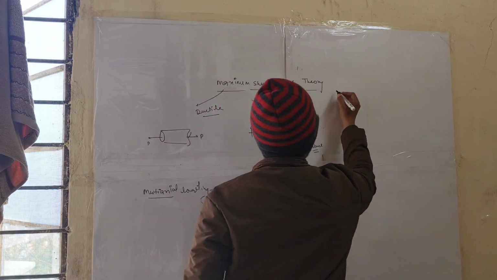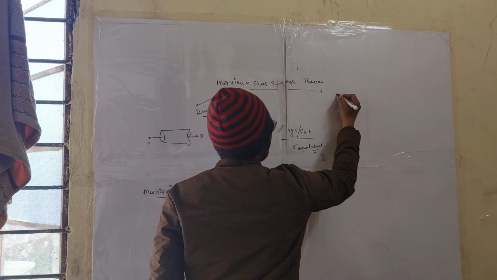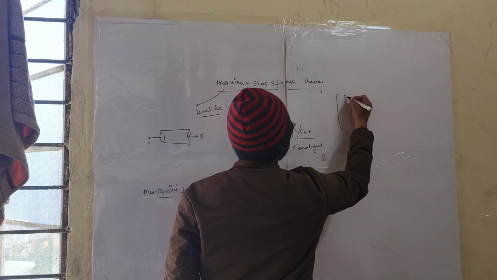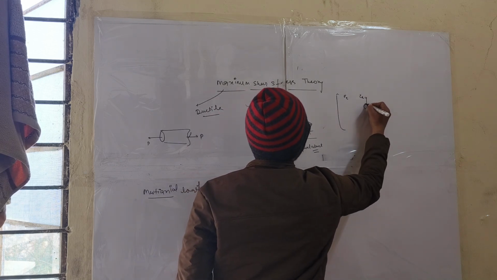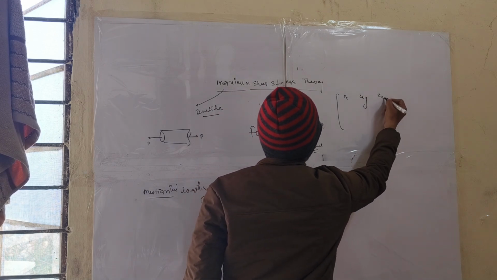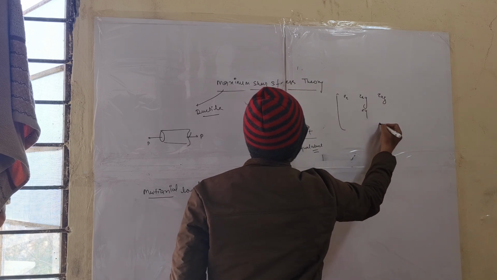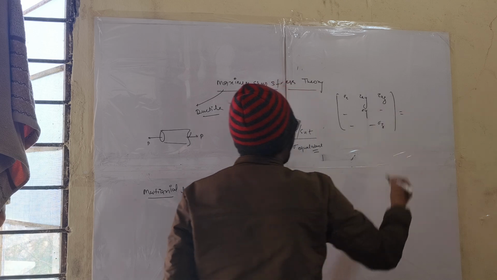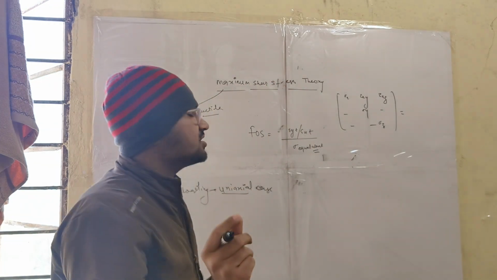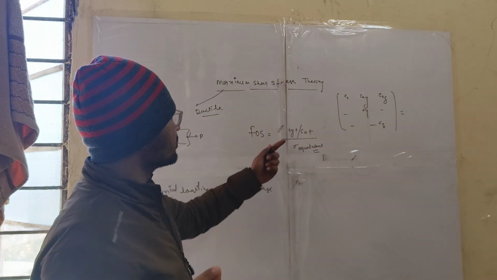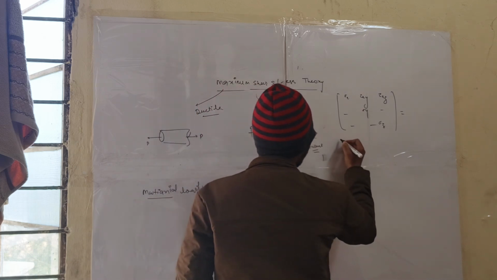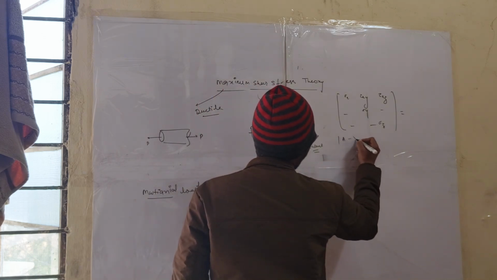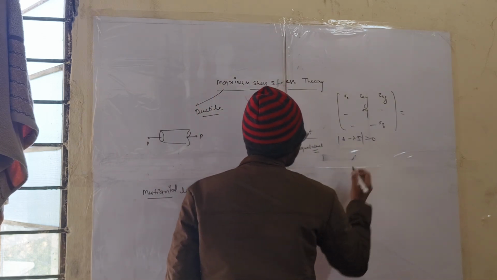We have this matrix, which is a loading matrix: sigma x, tau xy, tau xz. Similarly, you can write the whole matrix. How do we find principal stresses using this matrix? You can find them by using the eigenvalue concept: A minus lambda I is equal to 0.